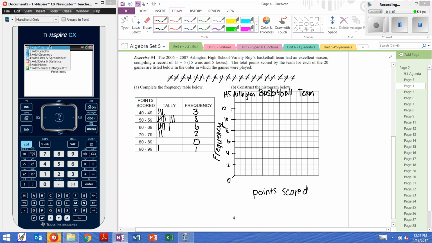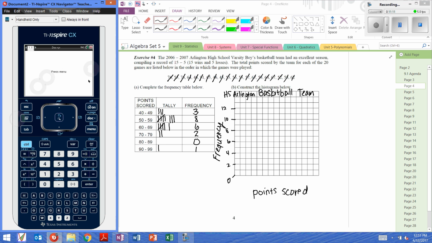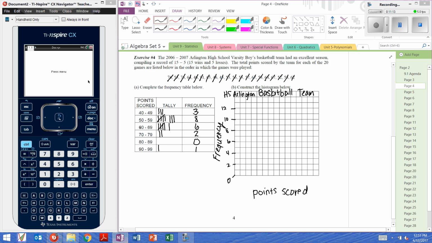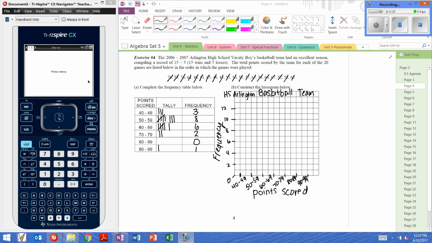The next thing that I need to do is 1, 2, 3, 4, 5, 6. I need to put down 6 different blocks of my histogram. And I think I can make them 2 wide. So this would be my 40 to 49 point range. This would be my 50 to 59, and so on and so forth.